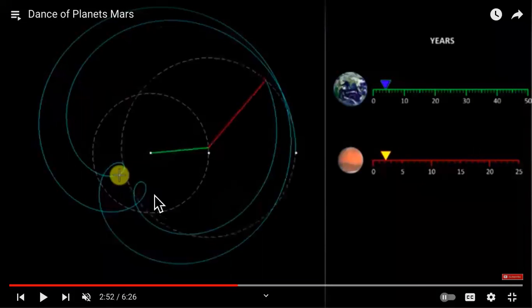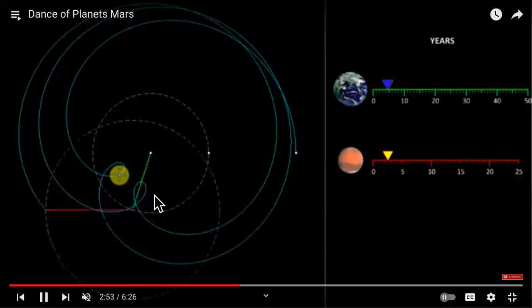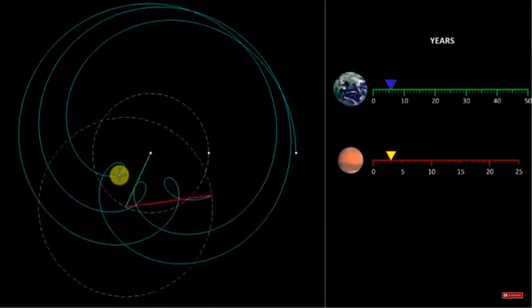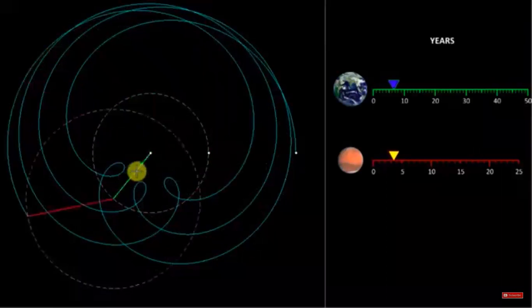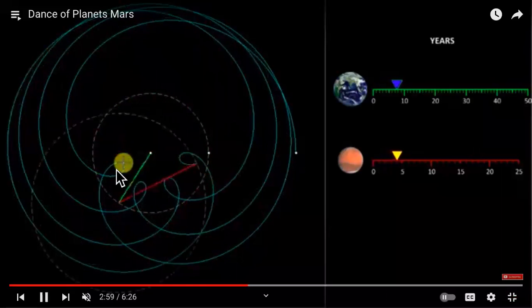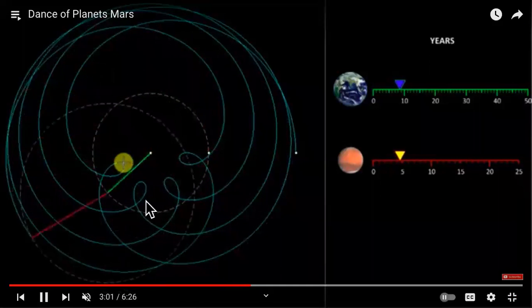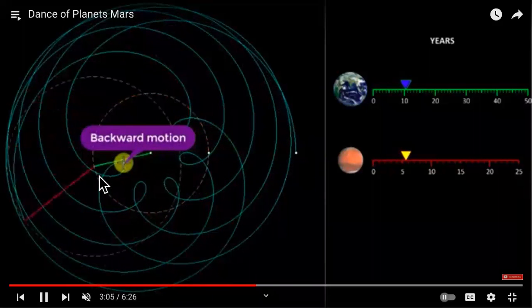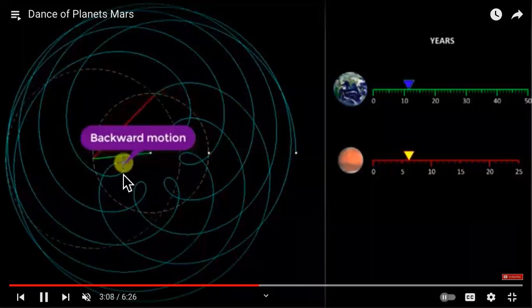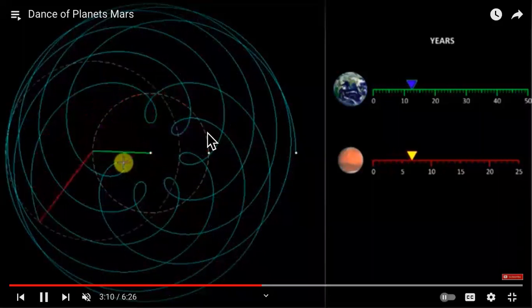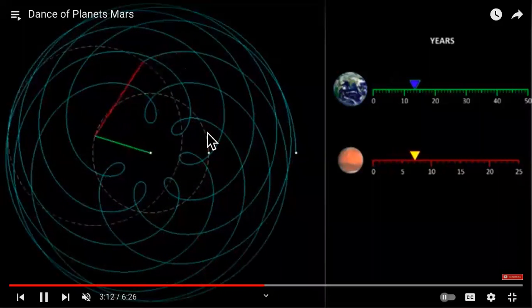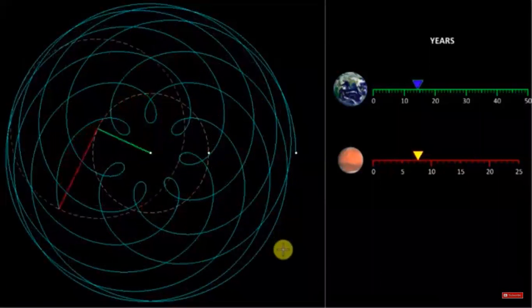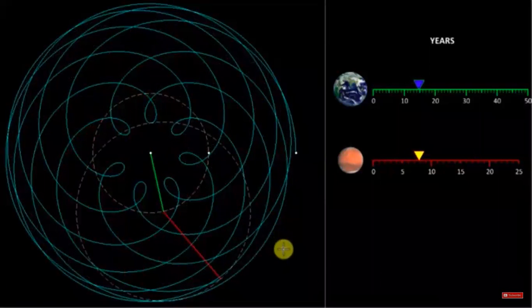These are called retrogrades, and these are formed over a period of time as the planet keeps going further and then moving backward also. When it moves further and backward, this movement is called retrograde specifically. And these are various loops which are being formed over a period of time.